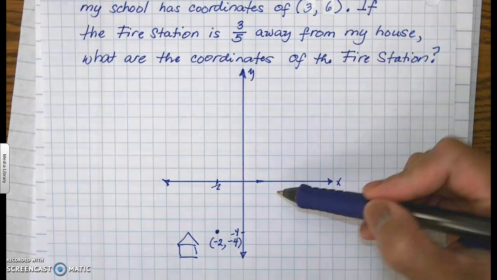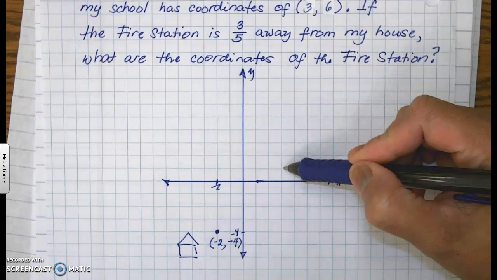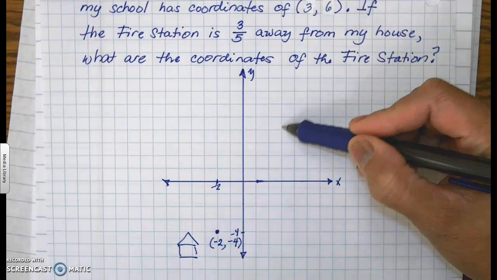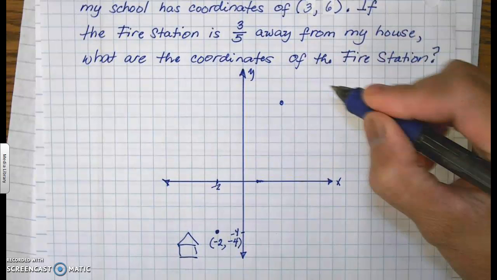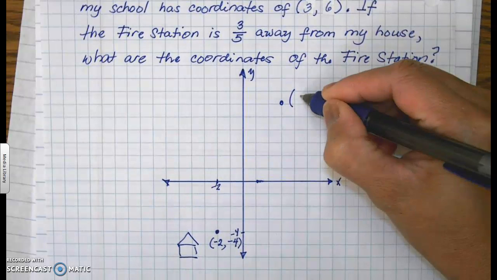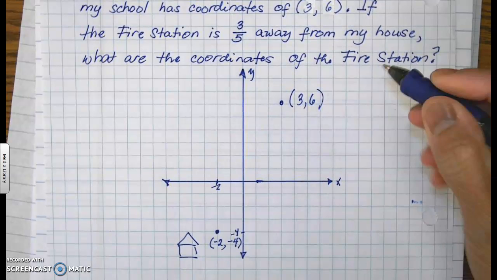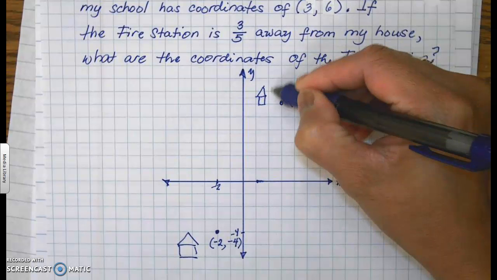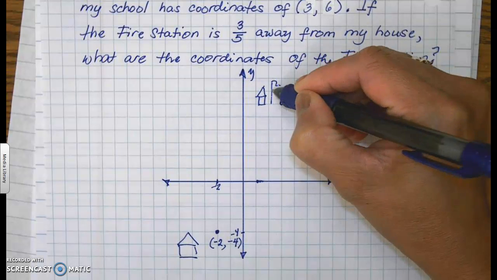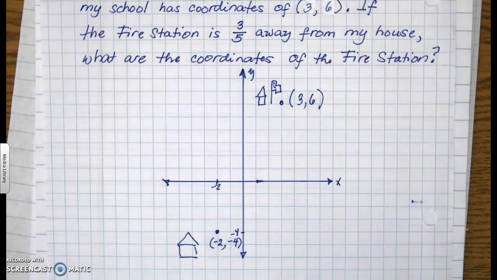So it's going to be here, 1, 2, 3 on the x, and then you jump up 6 times: 1, 2, 3, 4, 5, 6. So this is my school, 3, 6. Let's draw like a school. Okay, that's your flag.